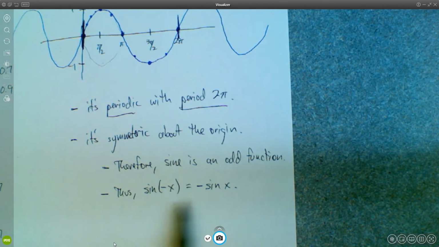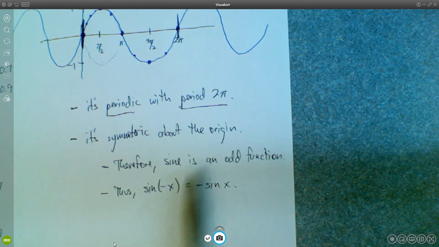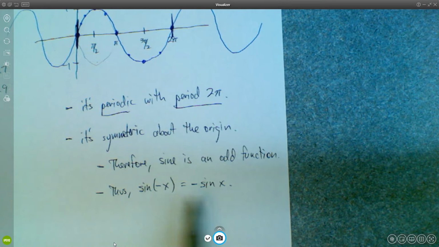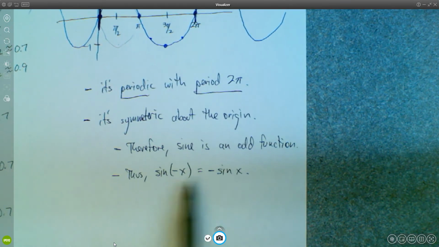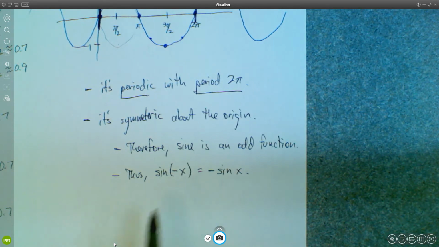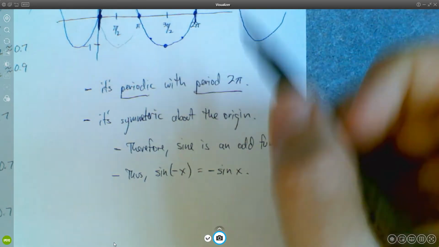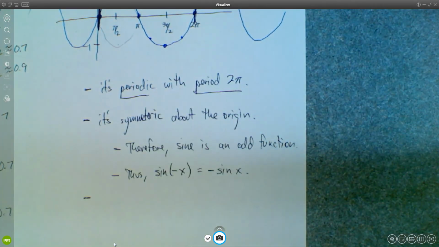That's not true of all of the trig functions. We'll see in a second that that's not always the case, but it is true for the sine function, which is interesting. So it's symmetric about the origin, which means it's an odd function, which means that sine of negative x equals negative sine of x. So this is called the odd identity for sine. All of the trig functions have either an even or an odd identity that we're going to discover throughout the course of this chapter.